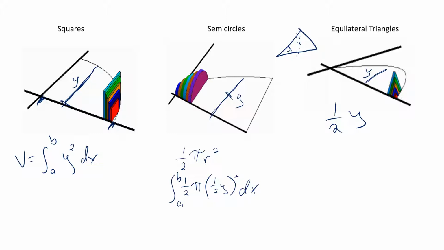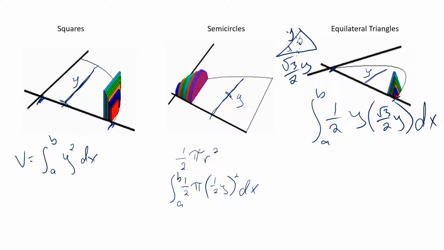We know that the height, if this is y, then that is √3/2y because of trig. So if you use your special right triangles, SOHCAHTOA stuff, that's the height of an equilateral triangle. So we have 1/2 times y times √3/2y. We're going to integrate from a to b, wherever a and b happen to be, times dx.